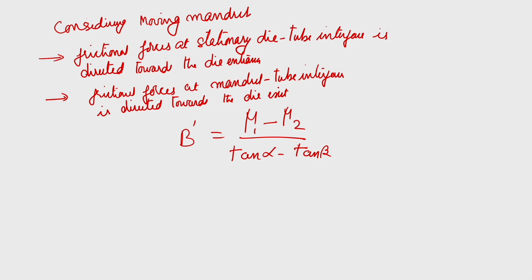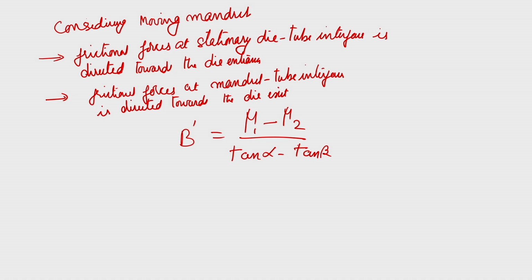The mandrel is moving at a velocity which is equal to the exit velocity of the tube, and it is higher compared to the inlet velocity. So, that is higher than the velocity of the metal confined in the die chamber. So, there is a forward frictional drag at the mandrel tube interface. This tends to cancel the backward frictional drag between the die and the tube.